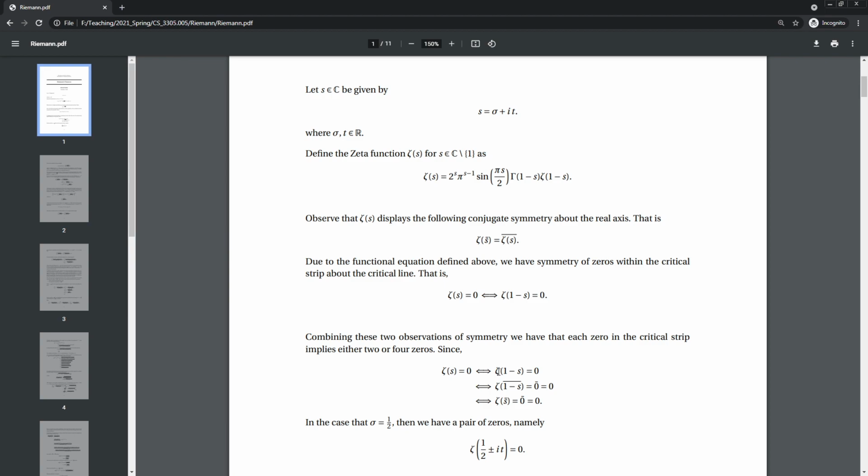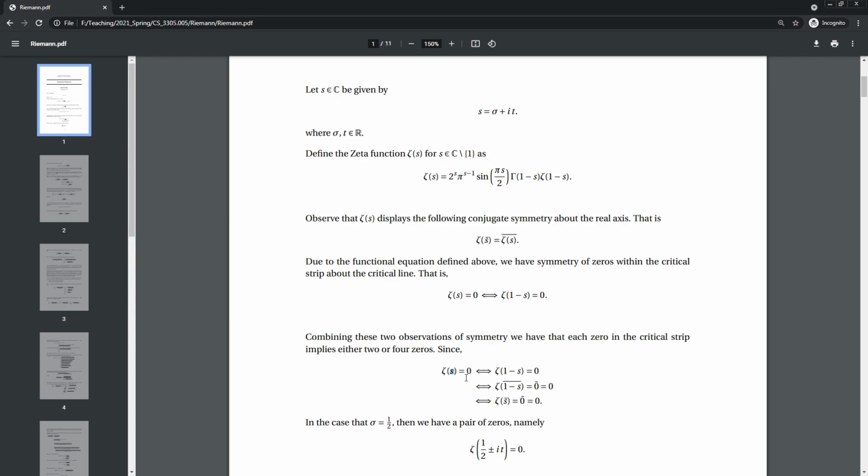And then there's also, well, actually, I think it would be this one and this one. If those turn out to not be the same value, if the conjugate of 1 minus s is not equal to s, which is the case whenever sigma is not 1/2.